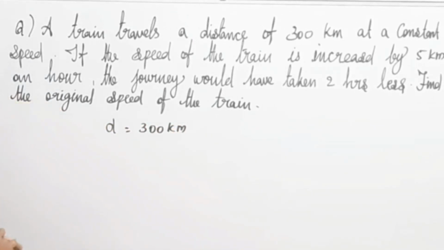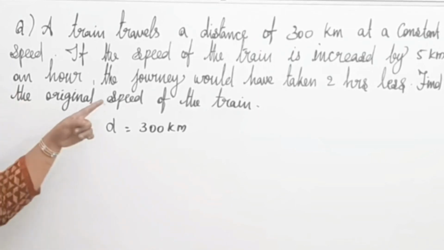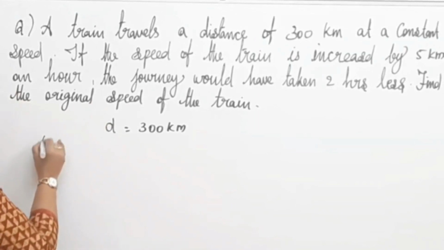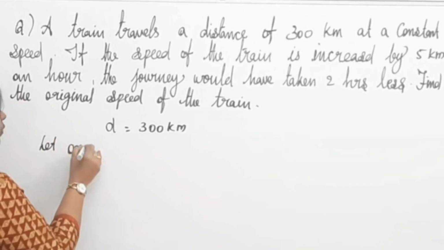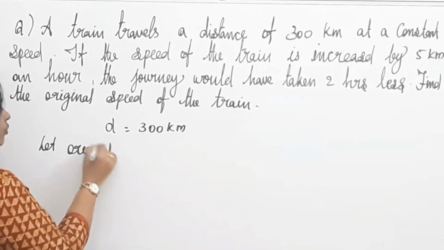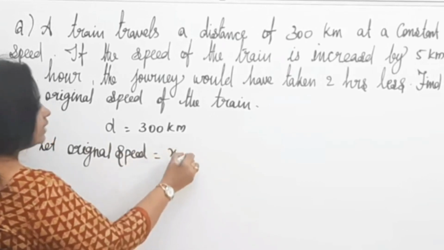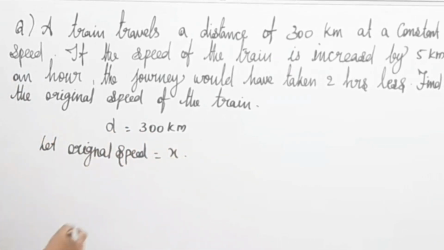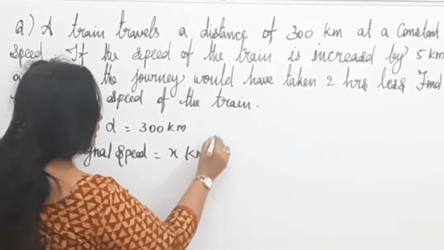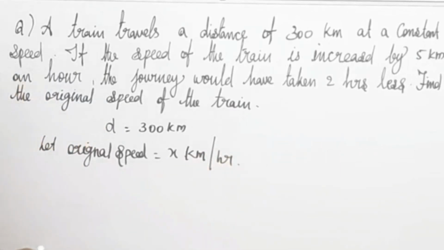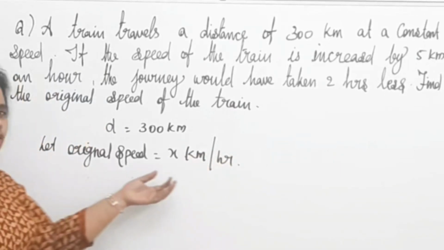And what you are asked to find is the original speed. So let the original speed, you will take it as x. So what you are asked to find, you will take that as x km per hour. Of course, we just substitute only x, so I am not taking the unit here.